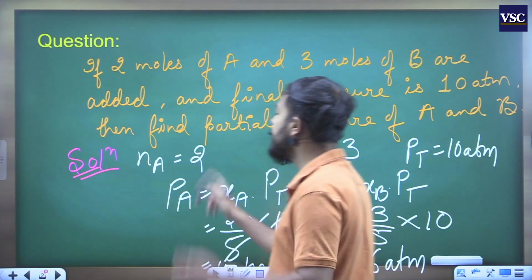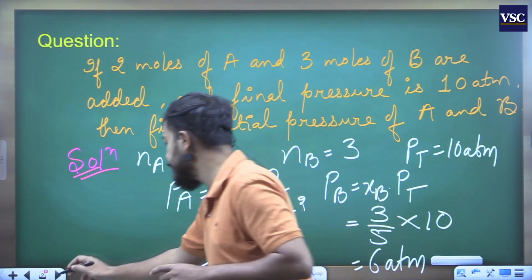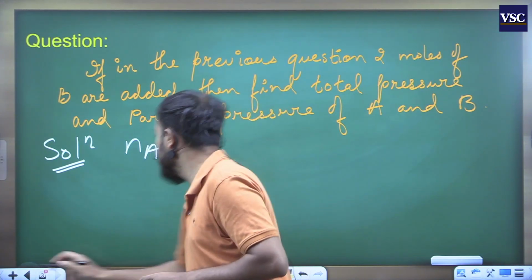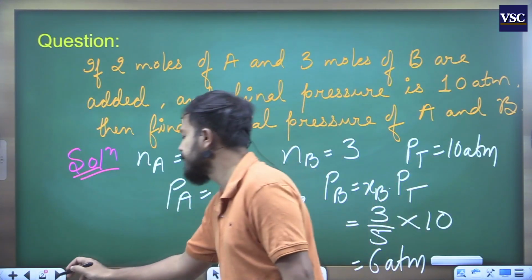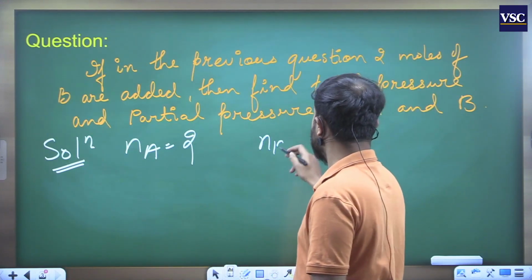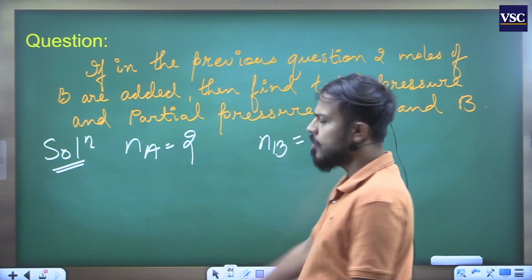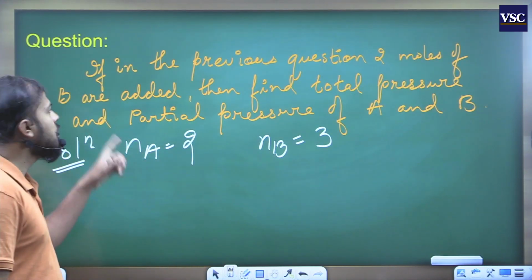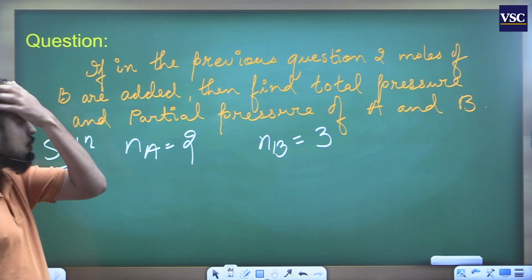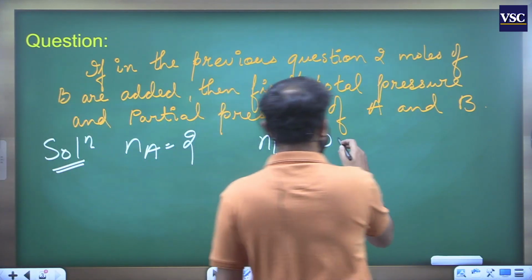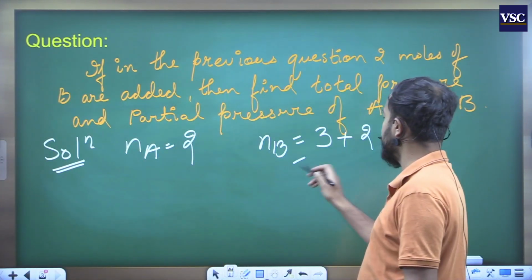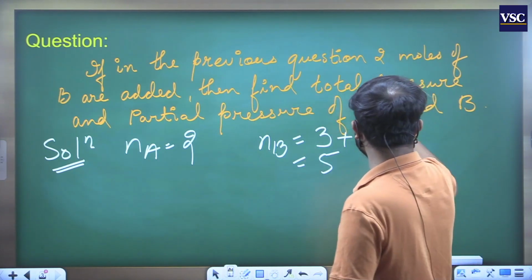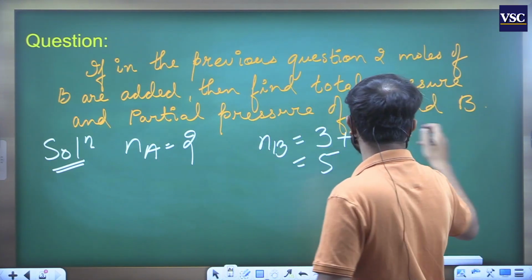The previous question was we were given 2 moles of A and 3 moles of B. What is it saying? In the previous question, 2 moles of B are added. You have added 2 moles, so just add 2 moles. How many moles do you have? 5 moles. Okay. Then find the total pressure and partial pressure of A and B.